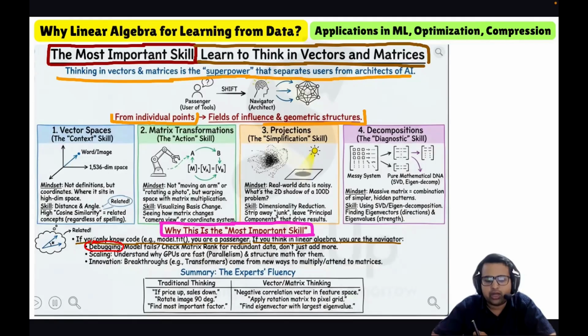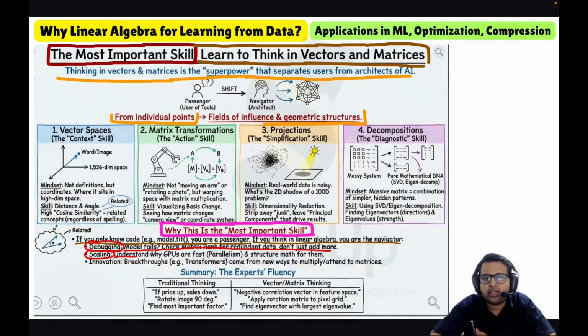Let us suppose a model fails. When a model fails, you don't just try more data. Rather, you look at the rank of your matrix to see if your data is redundant. Scaling: you understand why a GPU is fast and how to structure your math to take advantage of it.